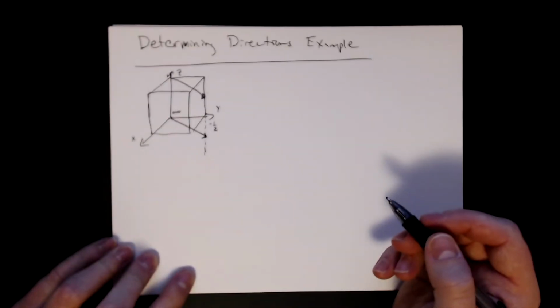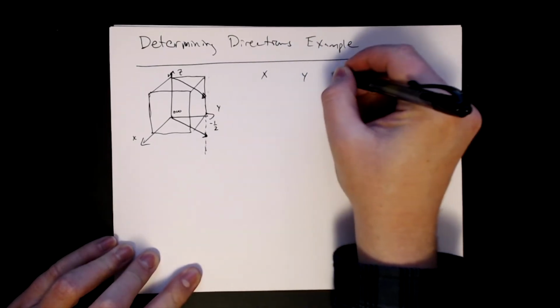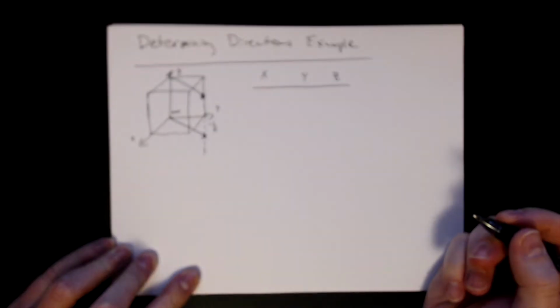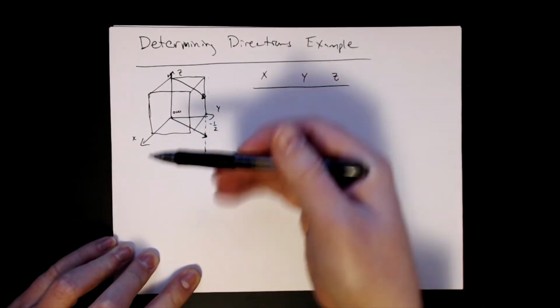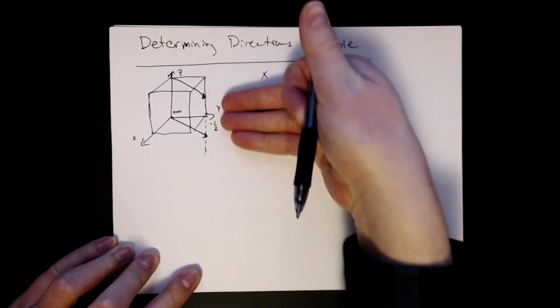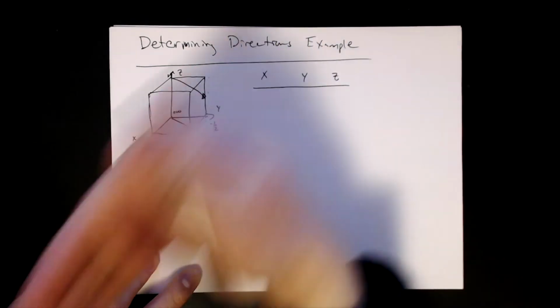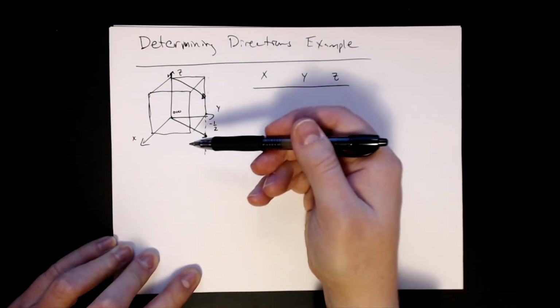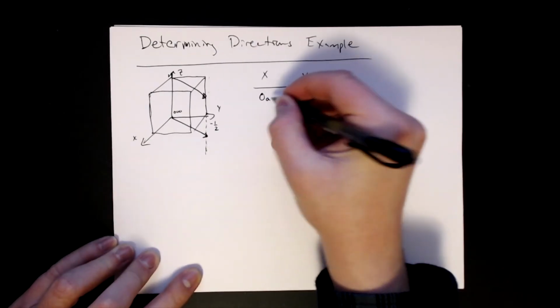Now we need to determine our projections, so I'm going to draw that table that I did before. In the x direction, it's on that back face, basically the plane of the paper, and the x is coming out at you, so it's not projected in the x at all. So this would be 0 a.